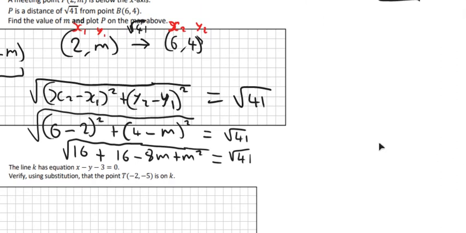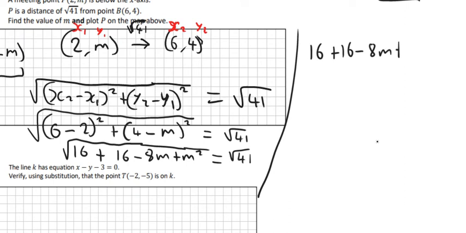Then because they both have roots, both sides, I can just square both sides. What that'll do is get rid of the roots. So I'll just get 16 plus 16 minus 8m plus m squared is equal to 41. Then I'm just going to rearrange it. I'm going to put the m squared first because it's turning into a quadratic now. Put the minus 8m next.